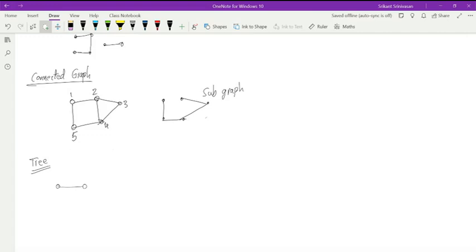Let me also label the branches as A, B, C, D, E, and F. So tell me which set of branches will form a tree? A will form a tree.